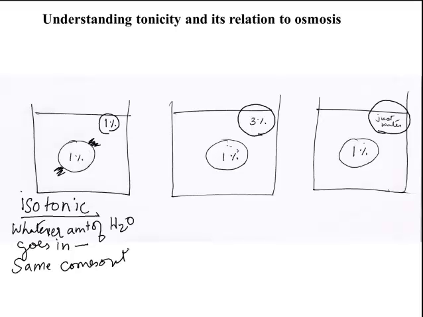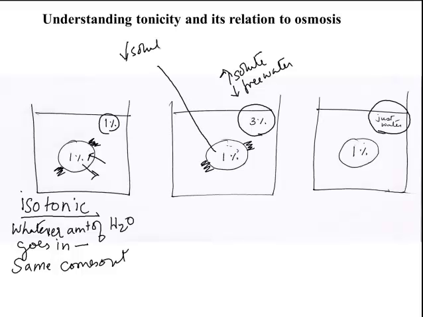Okay, it is equal. The entry and exit is equal. On the other hand, if the same dialysis bag containing 1% of that solute is kept in a 3% solute, here in this case this 3% has high solute but less free water, whereas the bag has low solute, more free water.